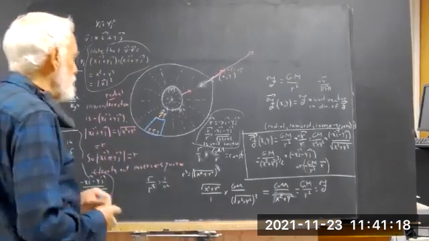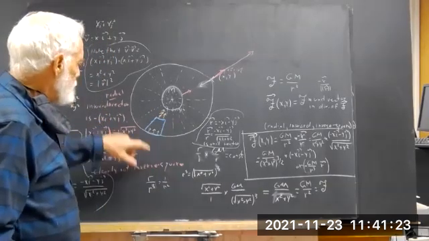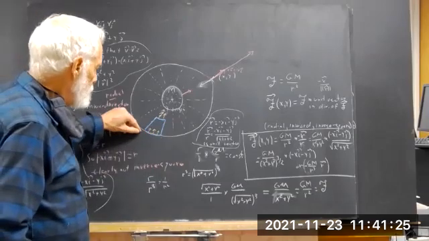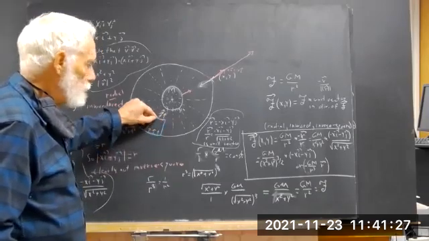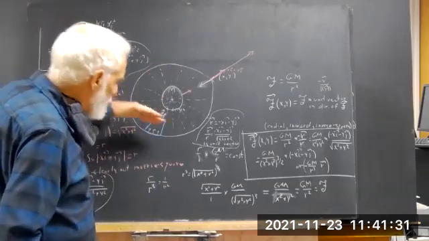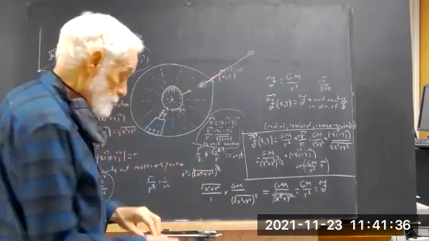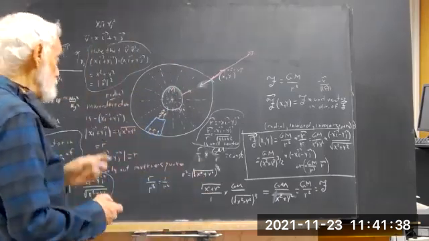We can see that the field does no work if we move along this arc, and it does no work if we go along this arc, because each arc is perpendicular at every point to the radial line to that point. Okay, so no work is done there.